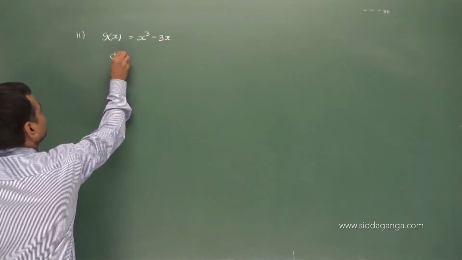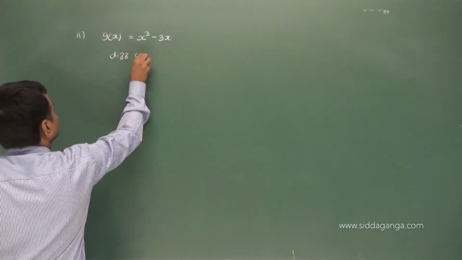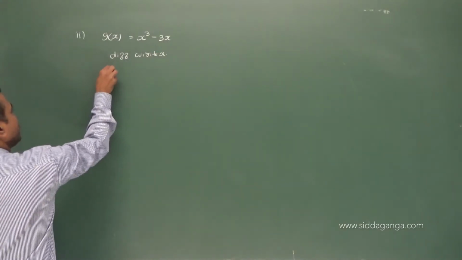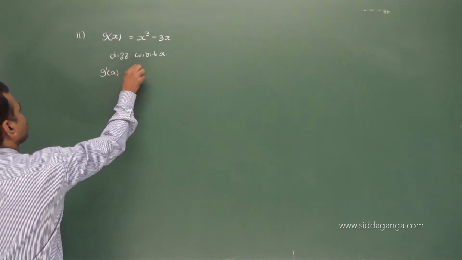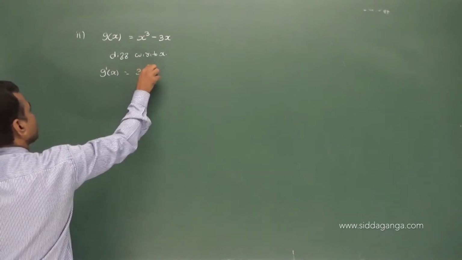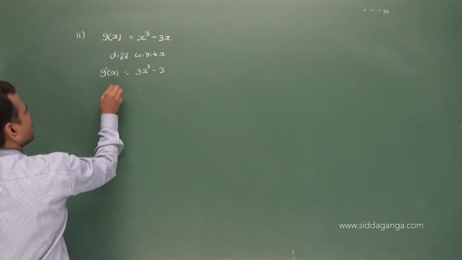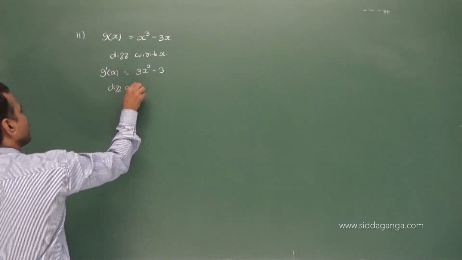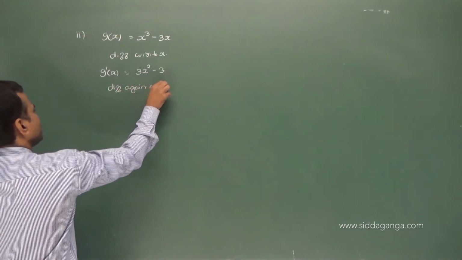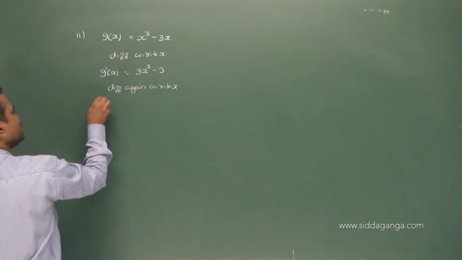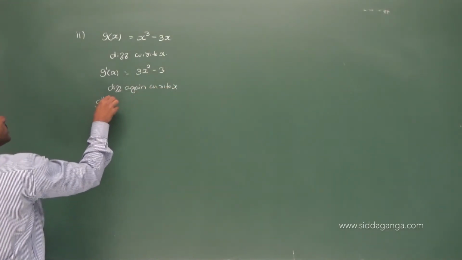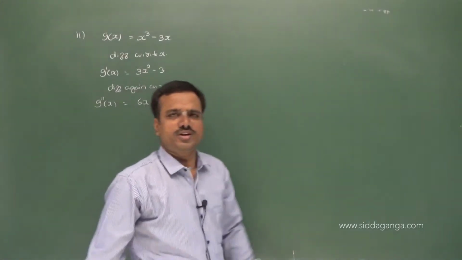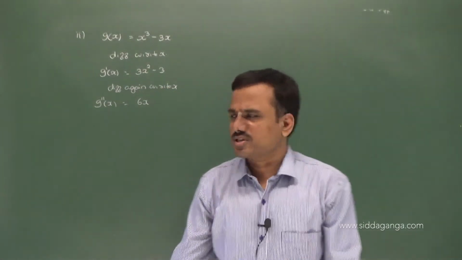Differentiate with respect to x. g dash of x is 3x square minus 3. Differentiate again with respect to x. g double dash of x is 6x. Okay, we find both orders, first order as well as second order.